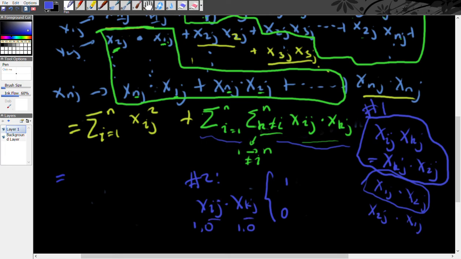They take on 1 when the ith item hashes to the jth slot, and when the kth item hashes to the jth slot. So both of them hash to j. So this is h of i equals j, and h of k equals j.